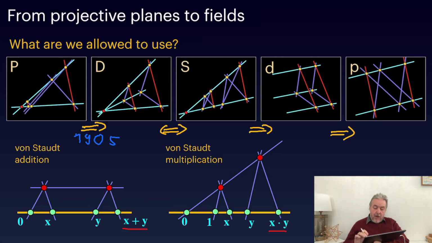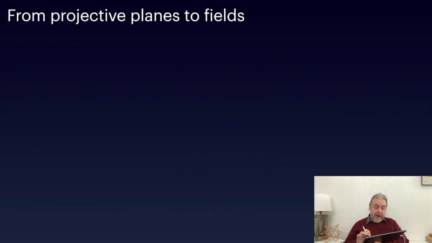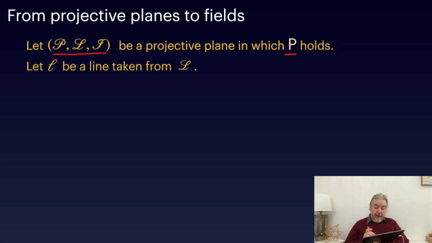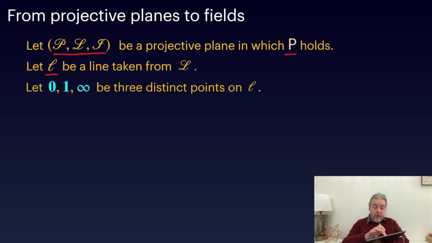So let me now a little bit more formally state what we are going to prove. So we assume that we have a projective plane in which also Pappus theorem holds. In that plane, we single out one line. So if we have that line, what we then will do is we will single out 3 points on that line, and these 3 points will play the role of a projective basis on that line.